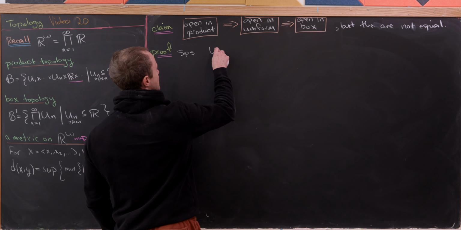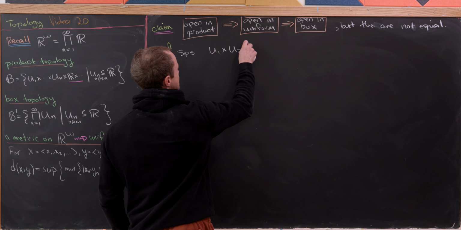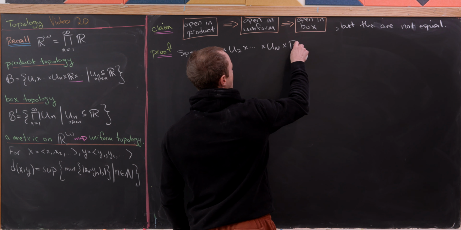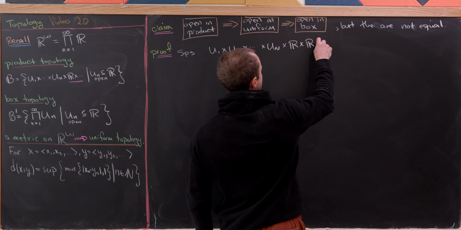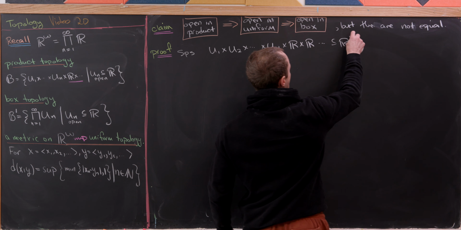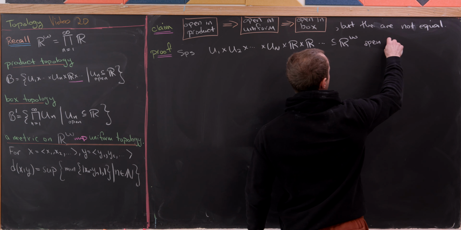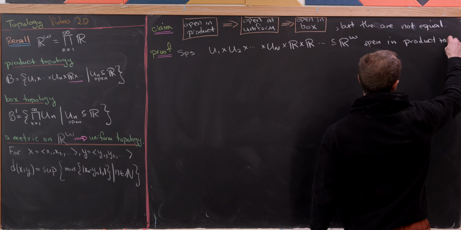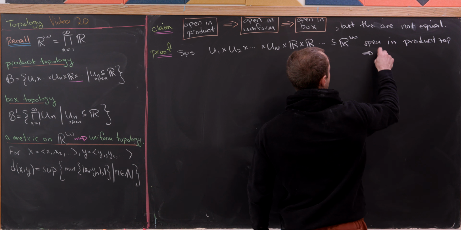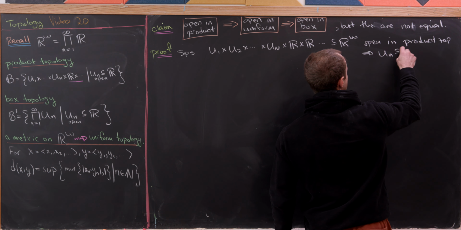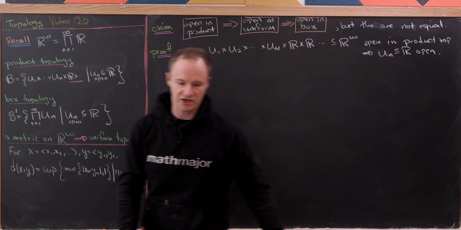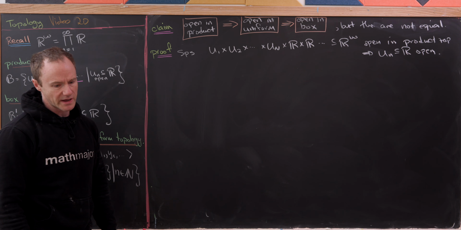So let's suppose that we have U1 cross U2 cross all the way up to Un, and then cross just a bunch of copies of R is open. And it's open in, well, pretty clearly the product topology. And so what does that mean? Well, that means that these Ui's are open in R given the standard topology on R. Okay.